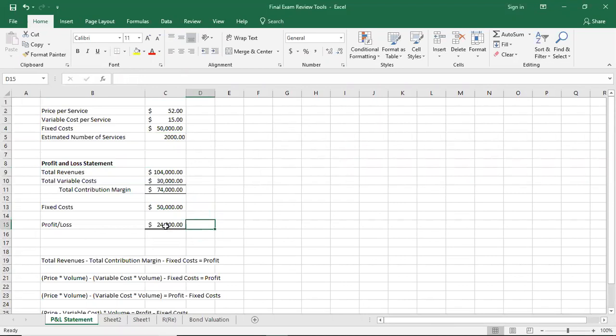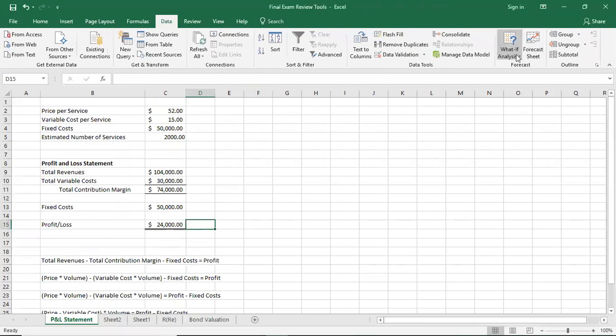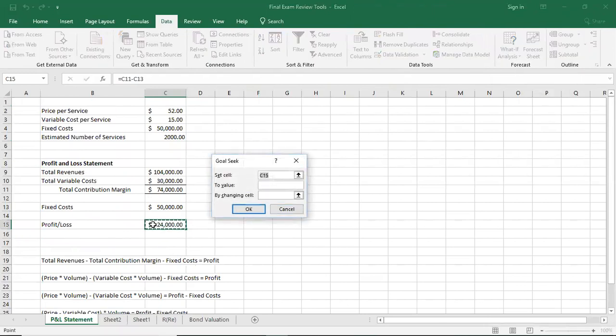So what we're going to do now is use that same what-if analysis, goal seek, and this is our profit. So it's going to say I want you to earn $200,000 profit. Okay, so we'll set this cell again to $200,000. Oh wait, price.